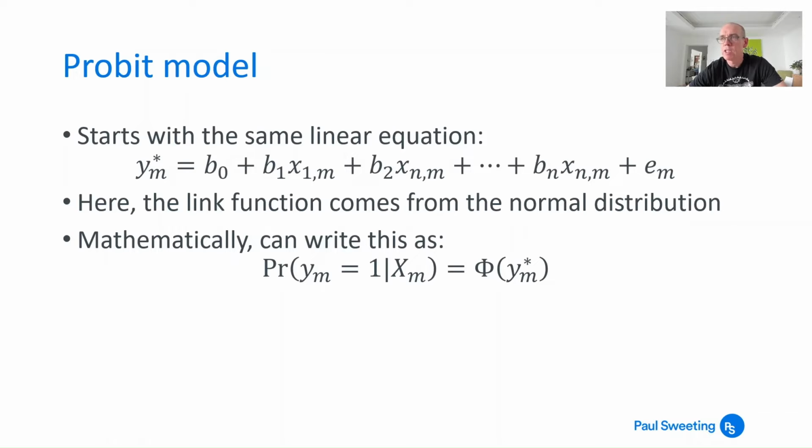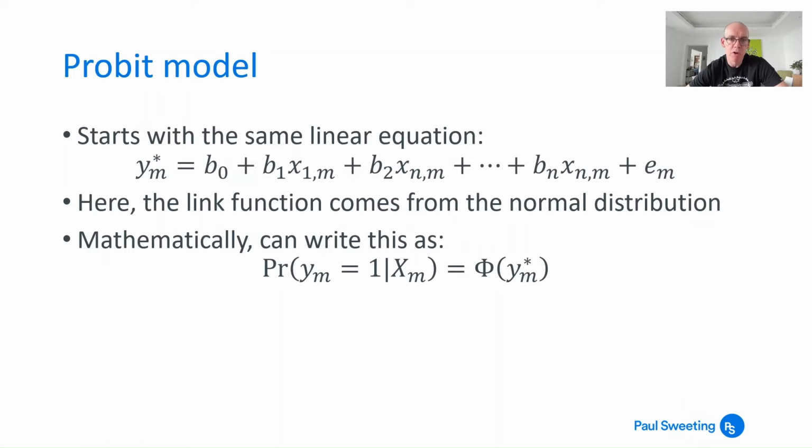So essentially you're taking a value for y star m which can take any value at all, and then you just apply the cumulative normal distribution function to it, and that clearly gives you a number which is bound between 0 and 1.